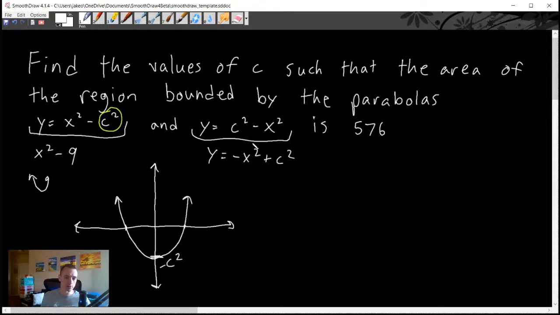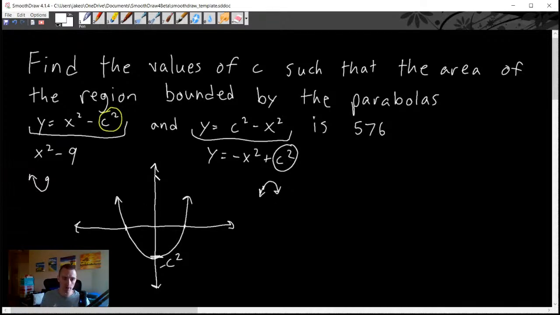Since x is our variable, our x squared term has a negative coefficient, so this one is going to be facing downward like that. It's a downward facing parabola, where the number being added, c squared, is always positive, since any number squared is positive. So it's going to be shifted up c squared units.